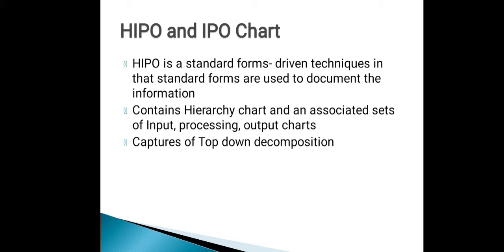It contains the hierarchy chart and the associated set of input, process and output charts. Here the HIPO chart captures the essence of top-down decomposition. It describes the data which is input and the output from the processing, and also defines the data flow composition.